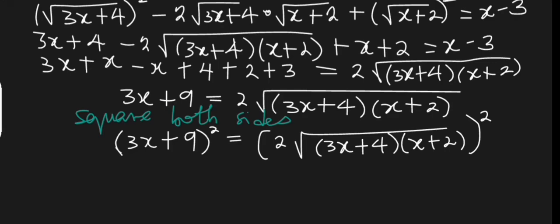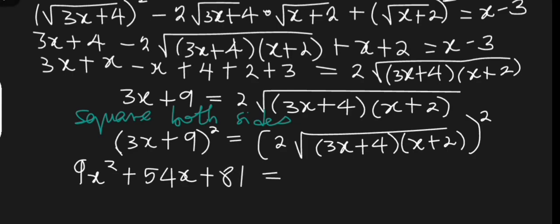Expanding the expression on the left gives 9x squared plus 54x plus 81. While on the right, it is going to be 4 for the square of 2, while for the expression in the square root, it remains 3x plus 4 times x plus 2, as the square root cancels the square.